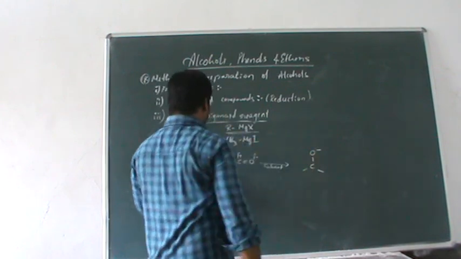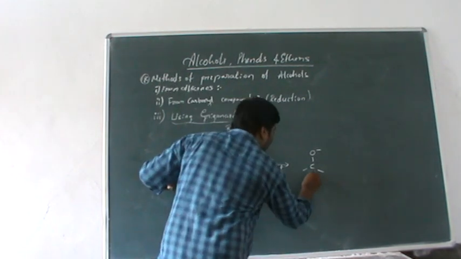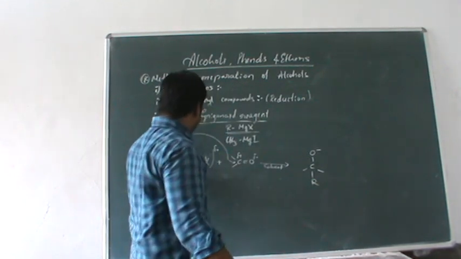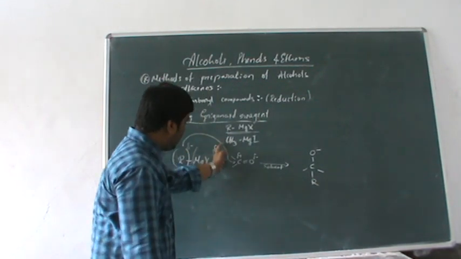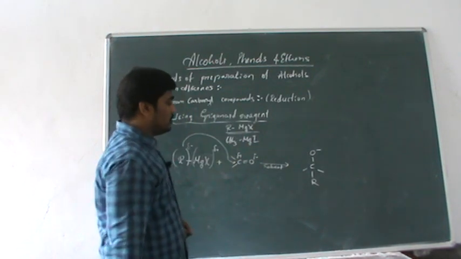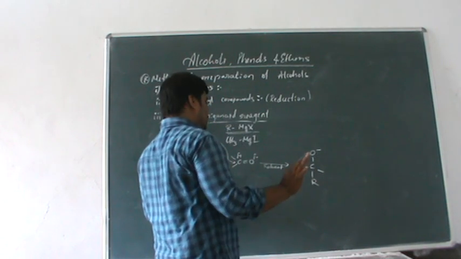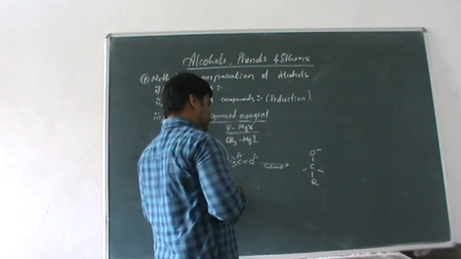Carbon is bonded to the R group. Please observe: the R group is attached to carbon and the pi bond moves towards the oxygen. Hence, this is the addition product, and it does not remain in this form.